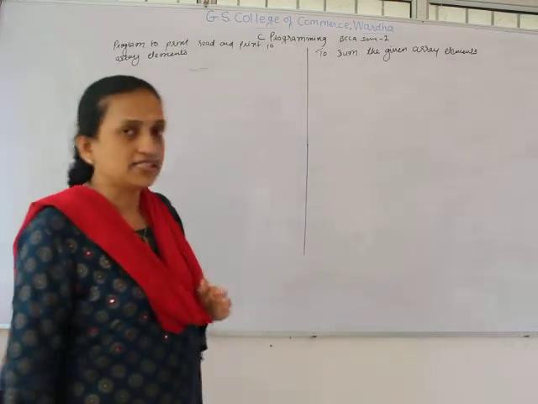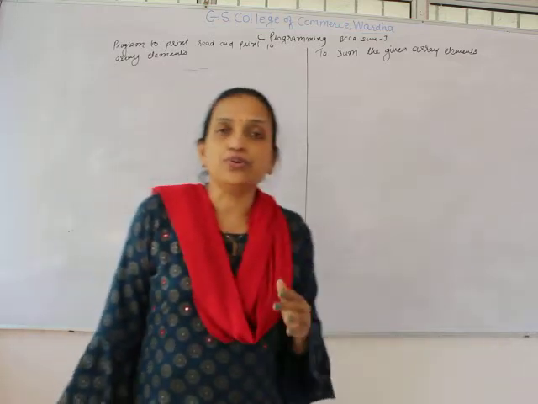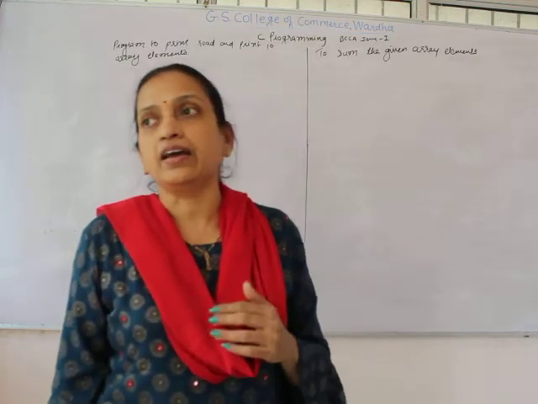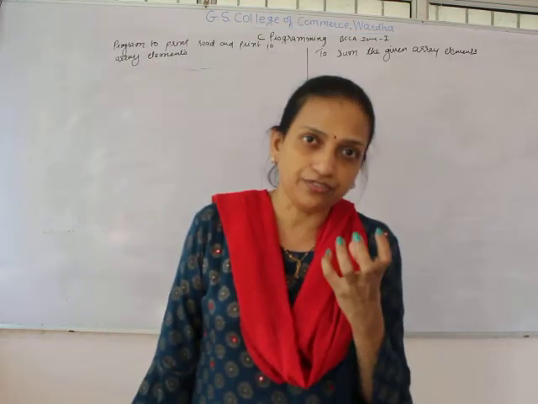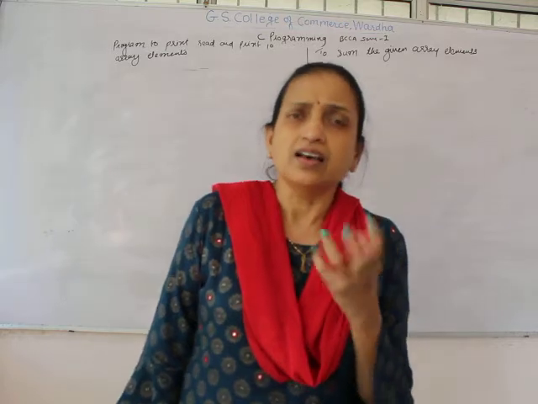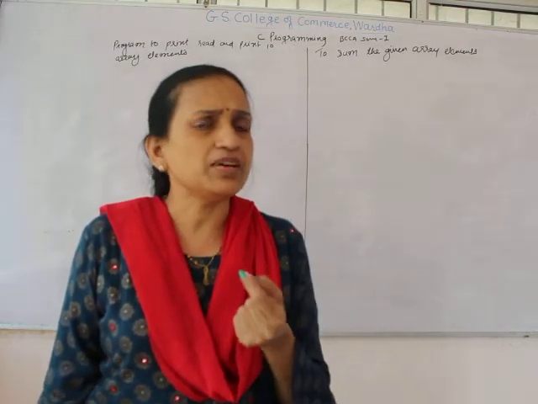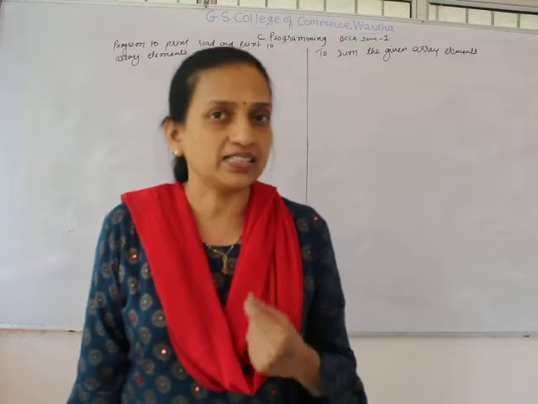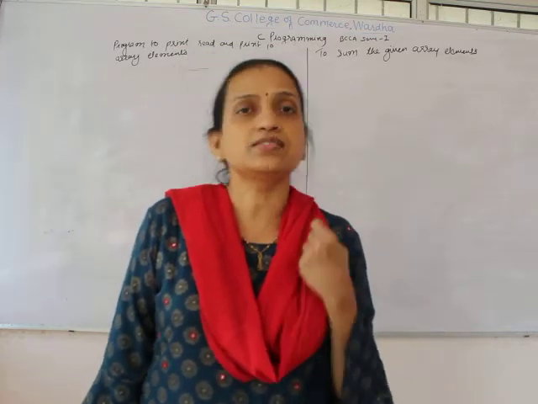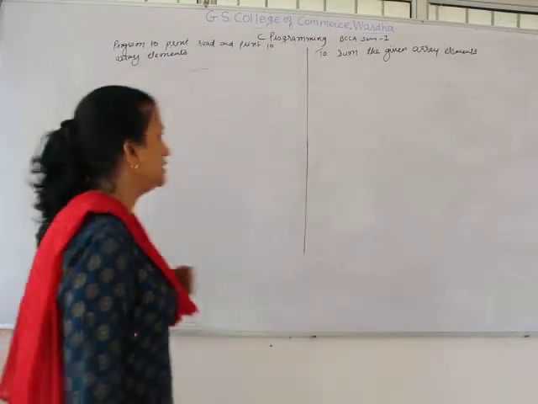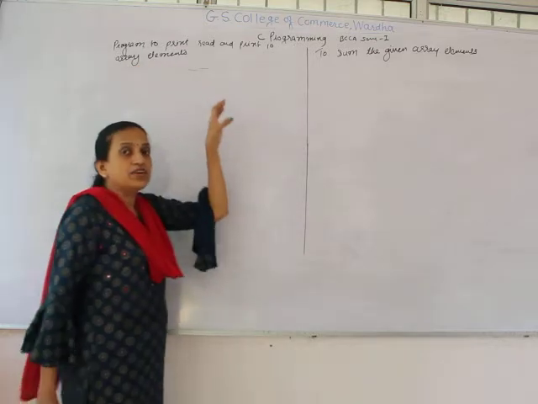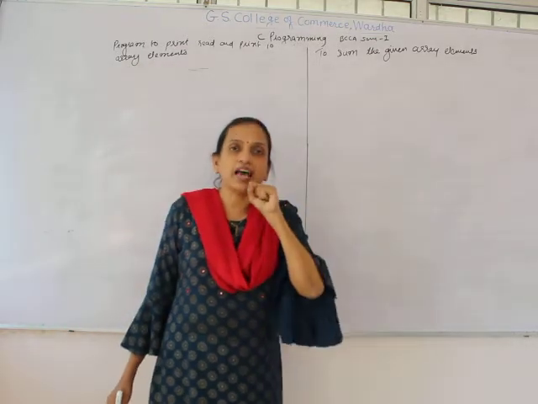Now let's see. I told you how to declare. An array is a collection of values. Each value is known as an element, and each element is referred to by an index number which always starts with 0. Here I am going to discuss how to read the array elements.